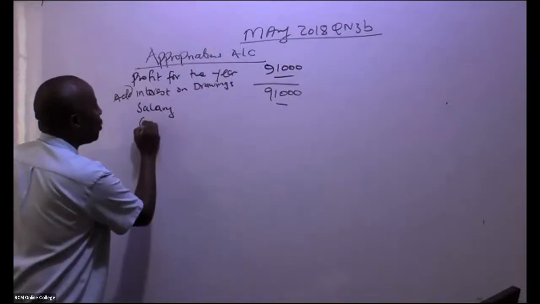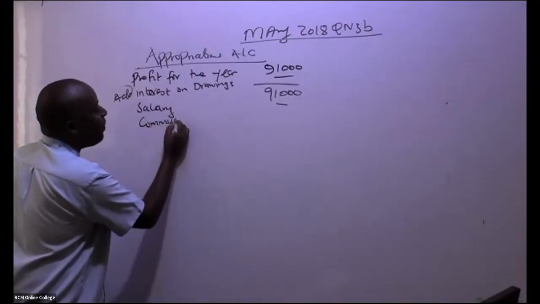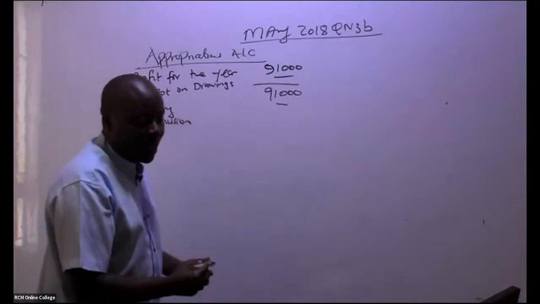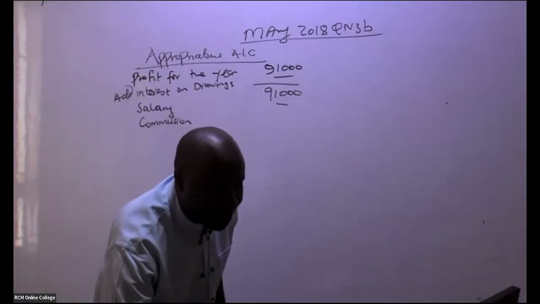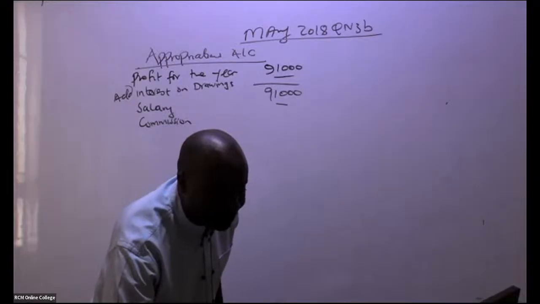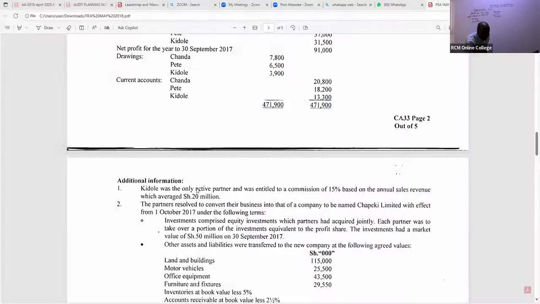We come to commission. Ladies and gentlemen, there is one person who is getting commission. If you read it here, there is one person who is getting some commission. Who is this? We are told here Kidole was the only active partner and was entitled to 15% based on the annual sales revenue, which is 20 million.